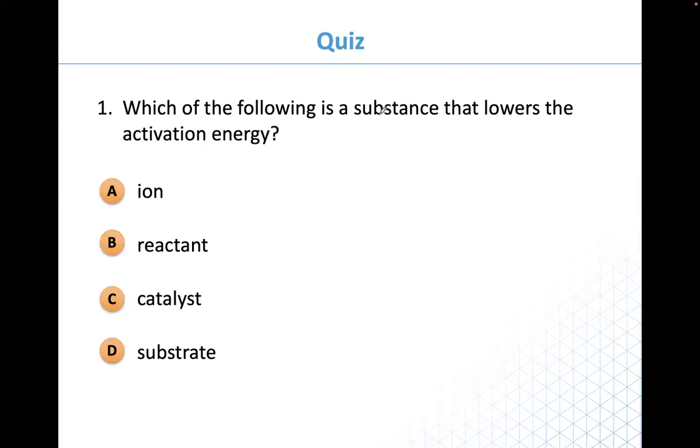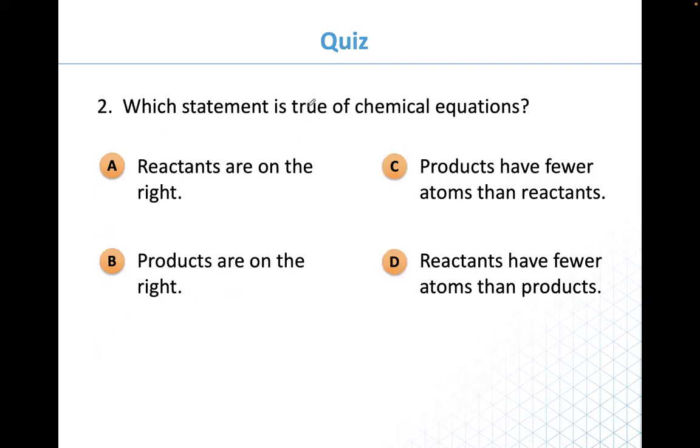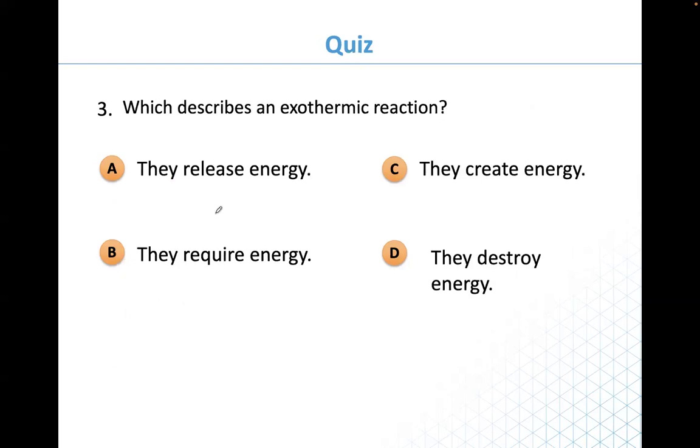Which of the following is a substance that lowers the activation energy? Is it ion, reactant, catalyst, or substrate? It is catalyst. Which statement is true of a chemical equation? Reactants are on the left side and products are on the right side. So this is true. Which describes an exothermic reaction?